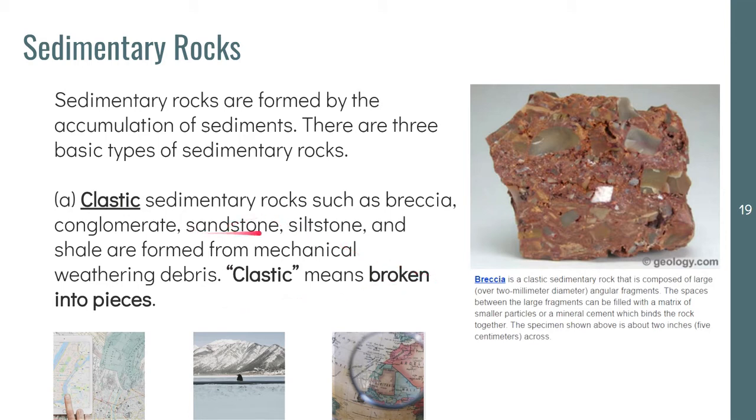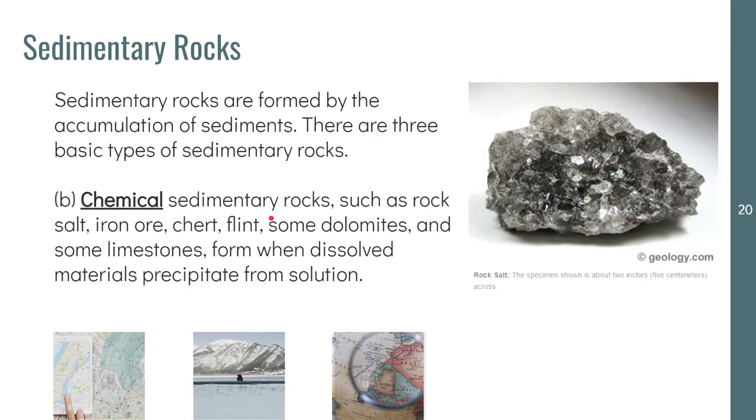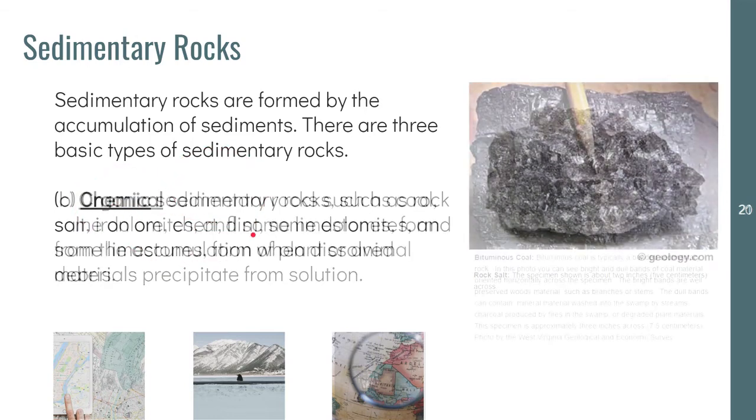So examples are sandstone, siltstone, and shale. All of those underwent mechanical weathering. Chemical sedimentary rocks are products of chemical processes such as precipitation of materials from solutions. Examples are salt, flint, dolomites, and limestones. Those are results of chemical weathering, creating chemical sedimentary rocks.